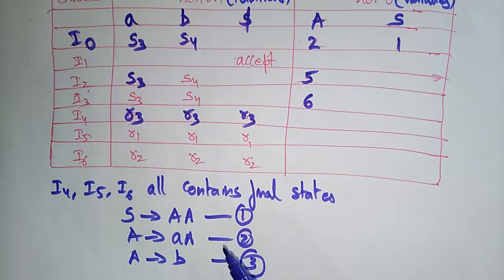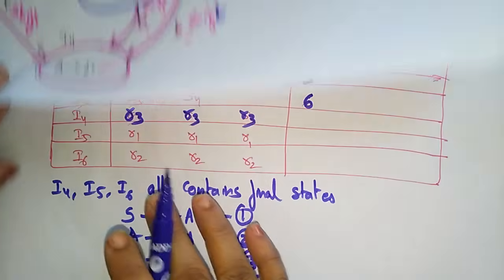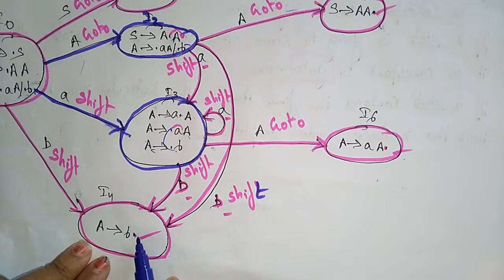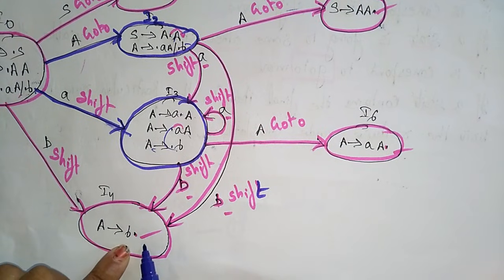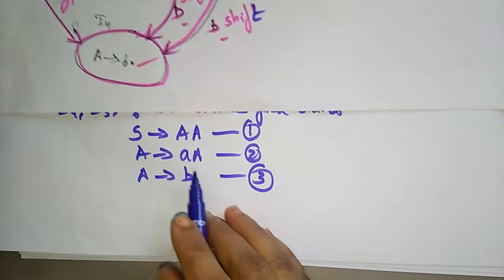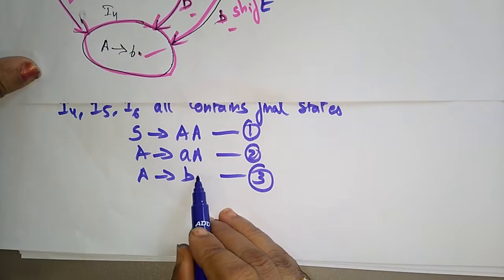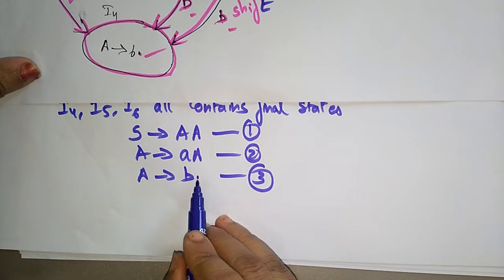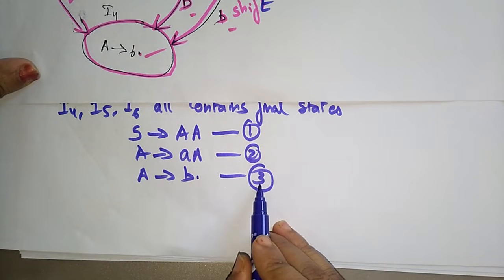So next. This is I4. I4 contains the final item which derives A determines B dot. And the production number corresponding to this production: what is the production number of A determines B dot? That is 3.